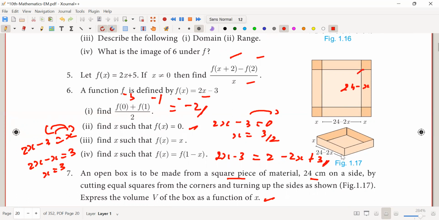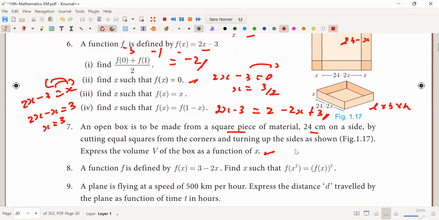Both are 24 minus 2x and the height is x. So the volume of a cuboid is length into breadth into height: 24 minus 2x into 24 minus 2x into x. So this is a minus b whole square. 24 square is 576.